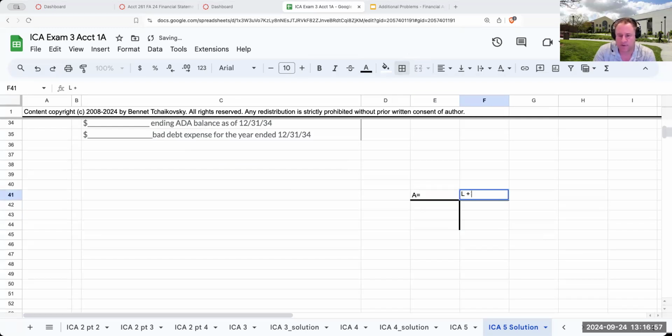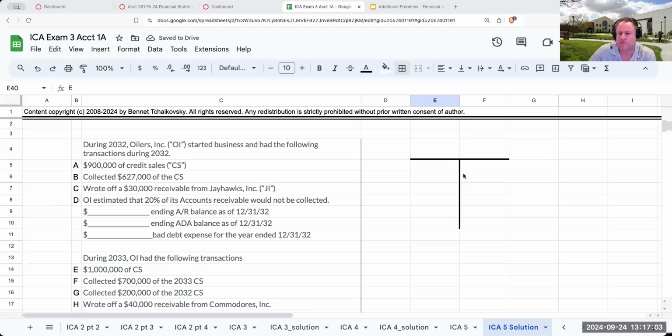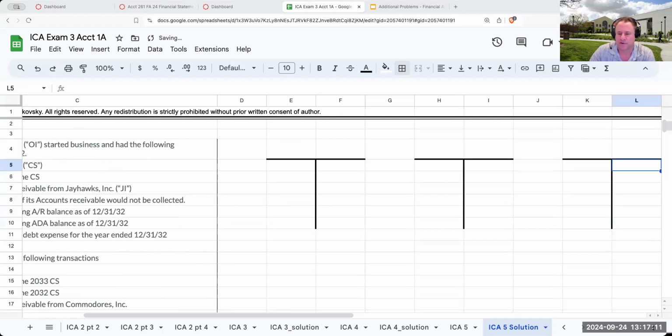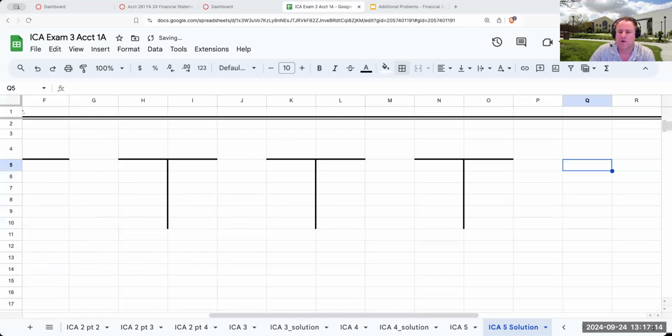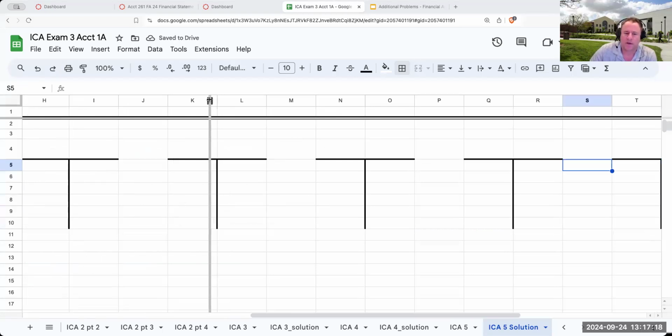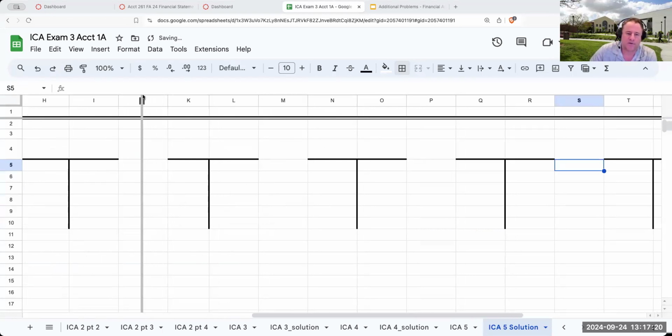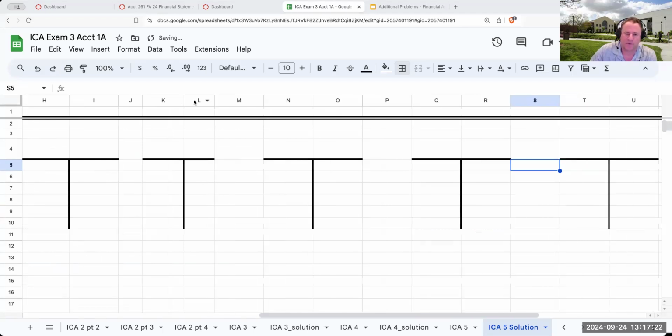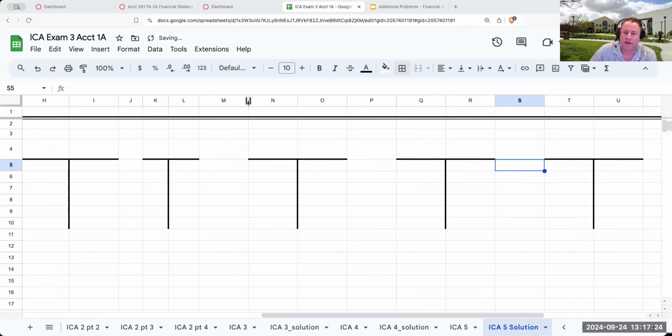Assets equals liabilities plus owner's equity, expenses, revenue, debit, and credit. Now, for these particular problems, you may only need to increase one side of the balance sheet equation. However, to make this a little bit easier on ourselves, we'll go ahead and use T accounts as needed throughout the problems that we're coming through and taking a look at.